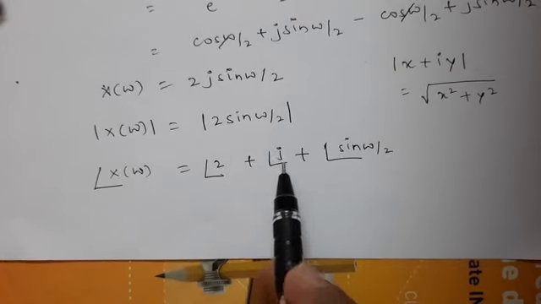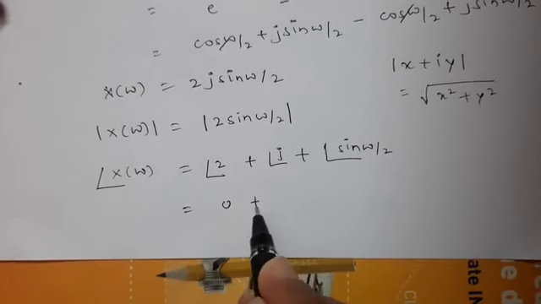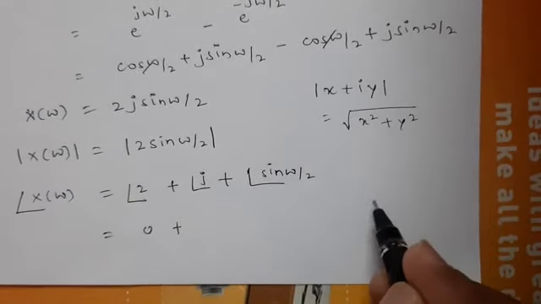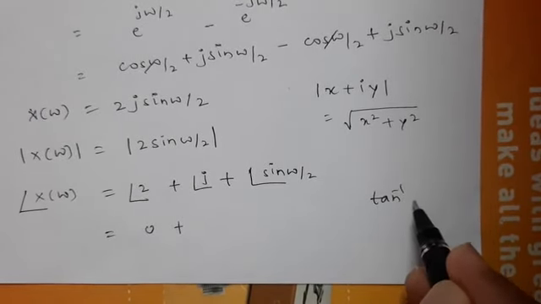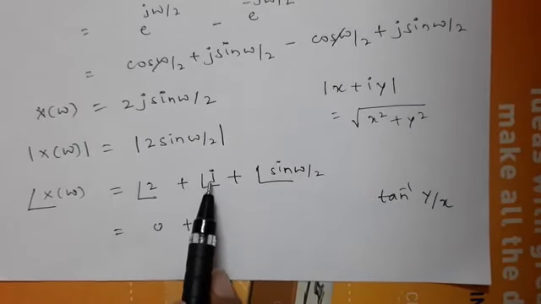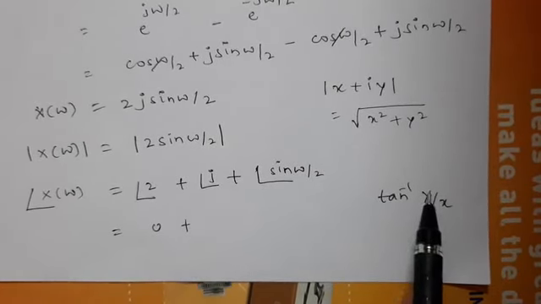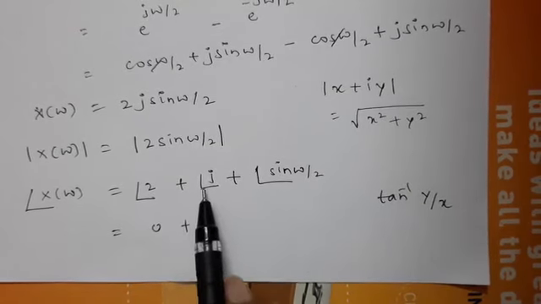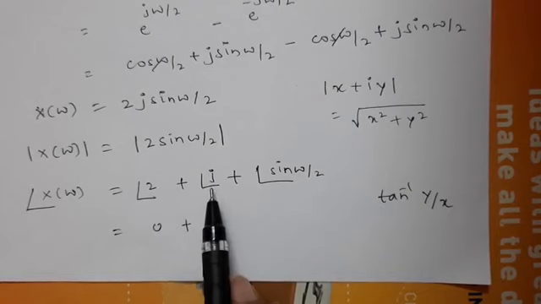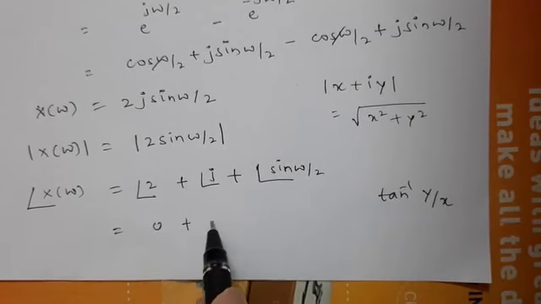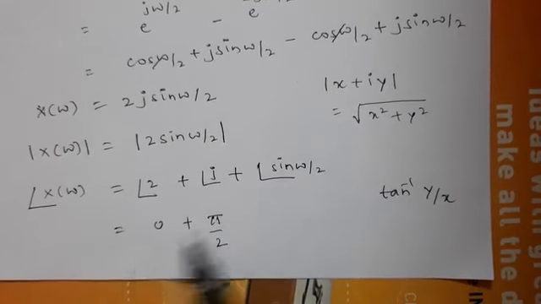What about this? 0 plus tan inverse of j. So how do you find angle? Tan inverse of y by x. So j is 1. Tan inverse of 1 by x term is 0. Real term is absent. X is not here. So x is 0. Tan inverse of 1 by 0. Tan inverse of infinity, which is pi by 2.